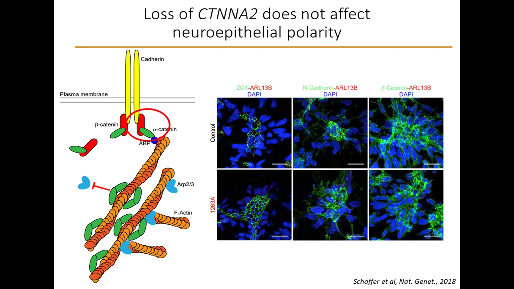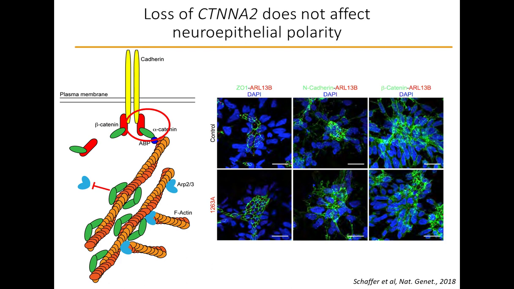Alpha-E-Catenin also binds to beta-catenin to control cell adhesion and polarity, so we wanted to test whether loss of alpha-N-Catenin altered neural epithelial structures. So we developed neuronal rosettes from our control and alpha-catenin patient NPCs and assessed the presence of apical markers of polarity. We found normal expression of tight junction marker ZO1 and the adherens junction markers N-cadherin and beta-catenin.